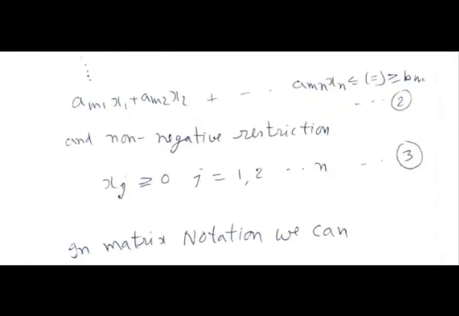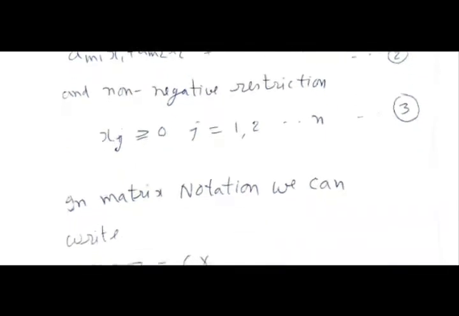And the third one is the non-negative restriction, which may be written as xj ≥ 0, where j = 1 to n.